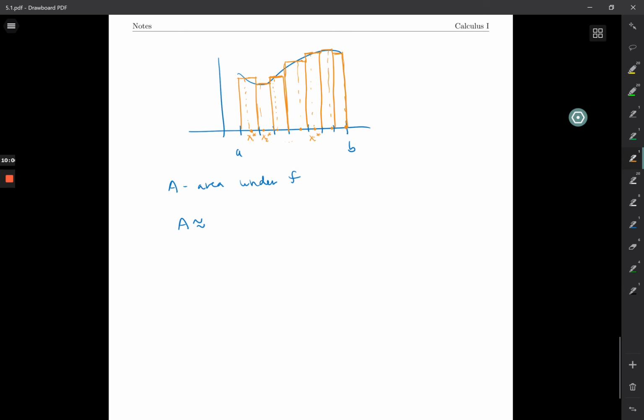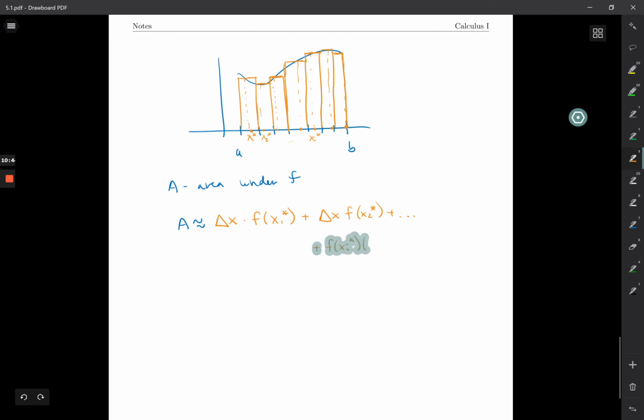Now remember that the width of each rectangle is exactly the same, so we are always going to get delta x as our width times the height of the rectangle, and the height is the function evaluated at that particular point, f of x1 star in this case. Then for the next rectangle, delta x times f of x2 star, and we would continue doing this for each i between 1 and n.